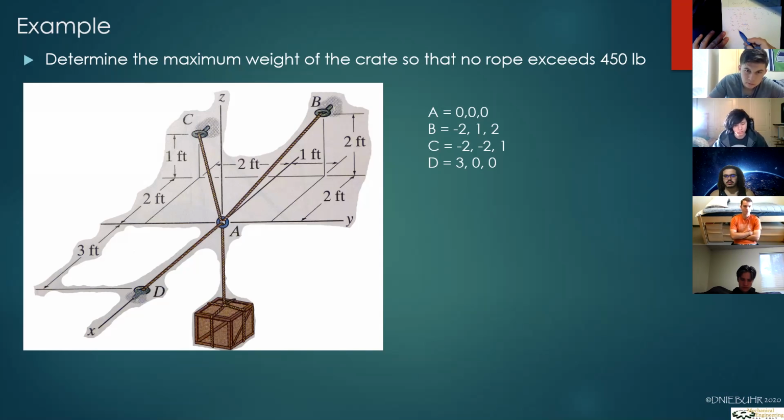If we take our unit vector and put it back into here, then we know that the vector FBA is just equal to negative 2/3 scalar FBA I plus 1/3 FBA J plus 2/3 FBA K. And then we have FCA equals negative 2/3 FCA I minus 2/3 FCA J plus 1/3 FCA K. I promise it'll get more exciting than this.